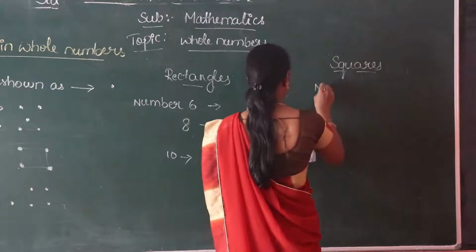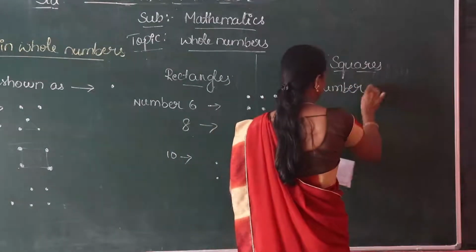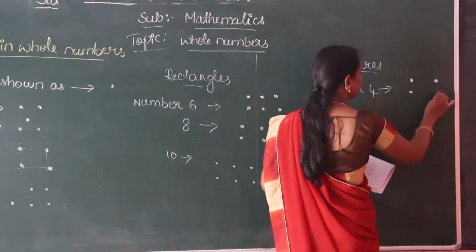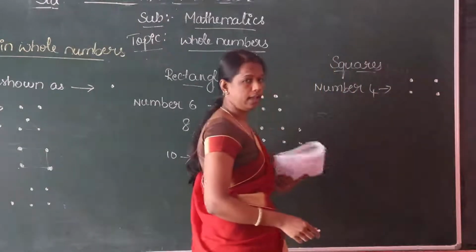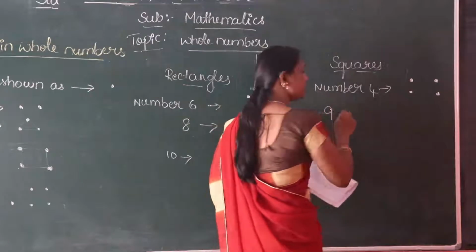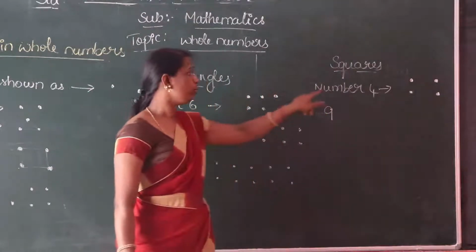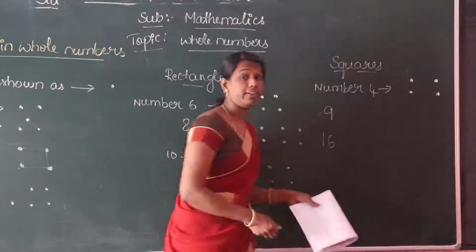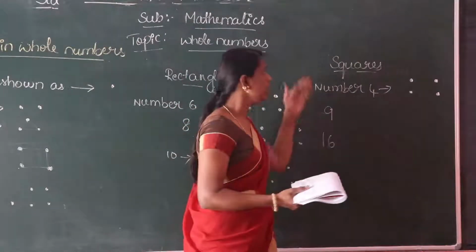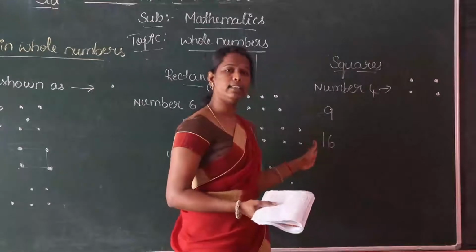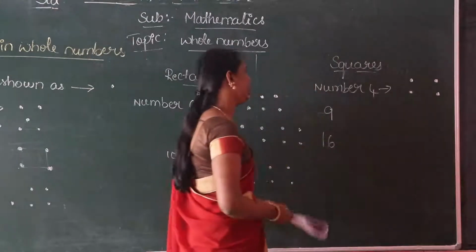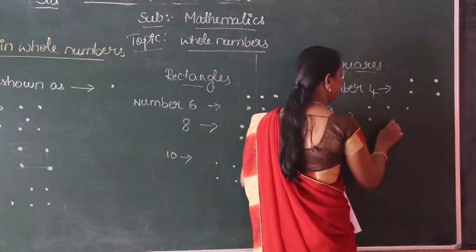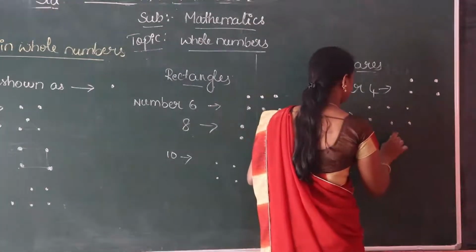Number 4, first I write a square. Then 9 you can write as 1, 2, 3, 4, 5, 6, 7, 8, 9.